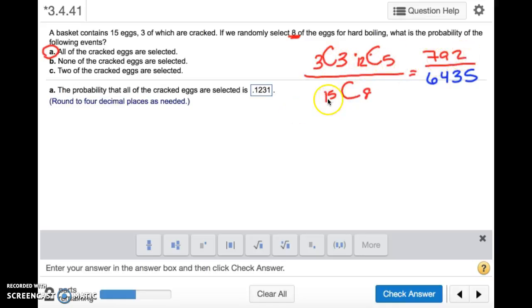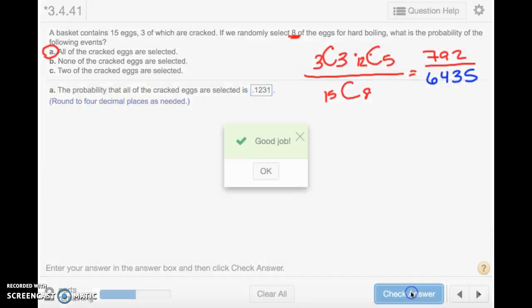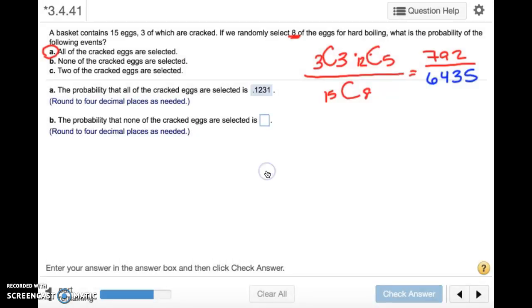And then on the bottom, I took 15C8 and got 6,435. When I divided these two numbers, I got 0.1231, which I have entered in here, and it said to round to 4 decimal places. So I check my answer, and then the next question will pop up.